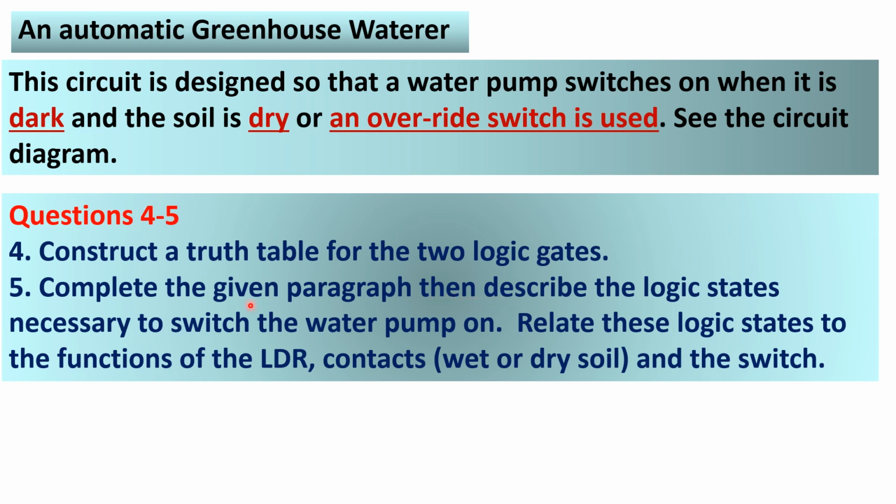You have to complete the given paragraph by supplying the correct words, right? And then from that, describe the logic states necessary to switch the water pump on. Okay, relate these logic states to the functions of the LDR, the contacts, whether wet or dry soil, and the switch.